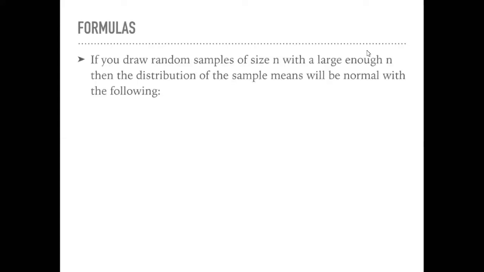So with the central limit theorem, if you draw random samples of size n with a large enough n, then the distribution of the sample means will be normal, with the following being true. The mean of your sample means is going to be equal to the mean of your data values. These subscripts are telling us what we're talking about: mu means mean, x bar is sample mean, x is data value.